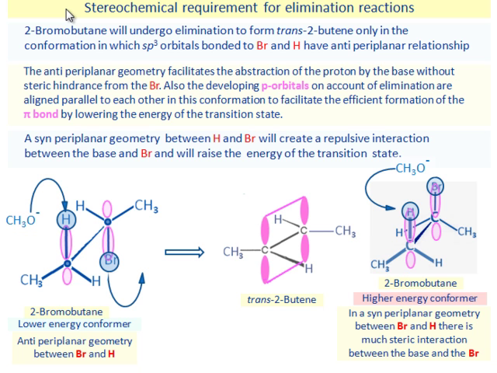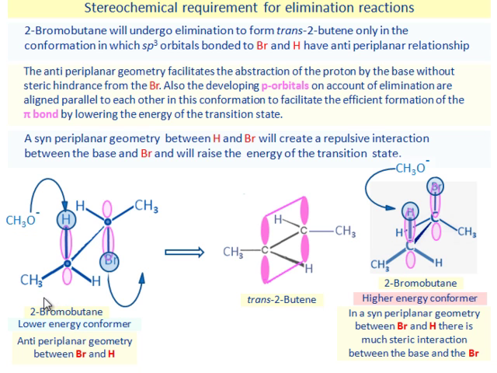Stereochemical requirement for elimination reactions. 2-bromobutane will undergo elimination to form trans-2-butene only in the conformation in which the sp3 orbitals bonded to bromine and hydrogen have anti-periplanar relationship.